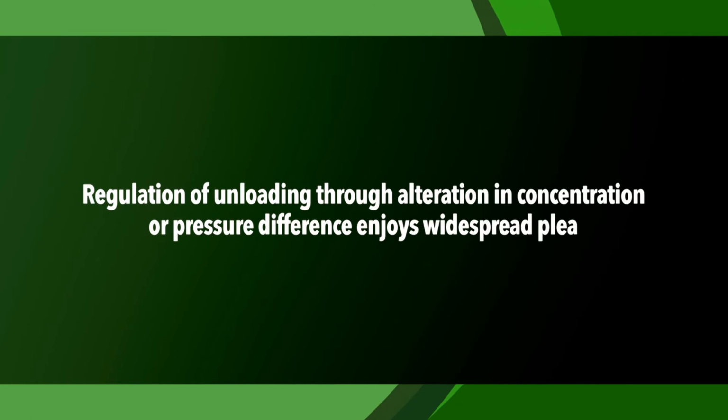Regulation of unloading through alteration in the concentration or pressure difference enjoys widespread play. It provides a mechanism where metabolic demand of the recipient sink cells directly determines these differences and hence phloem unloading rates.